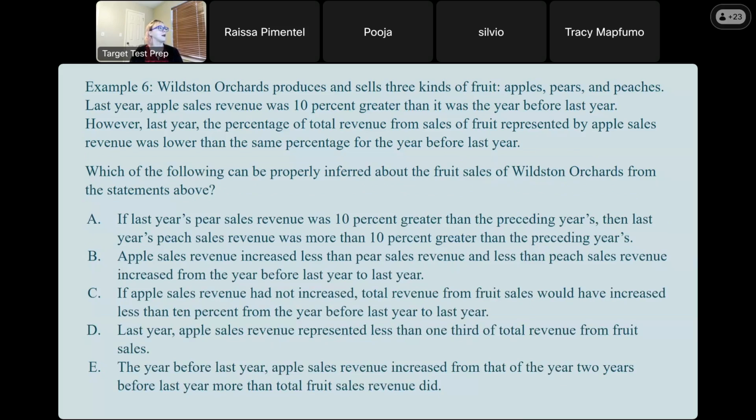So we know that the apple revenue went up 10%, but that the piece of the overall revenue it contributed to went down, which means that the other two had to go up by more than 10% overall.